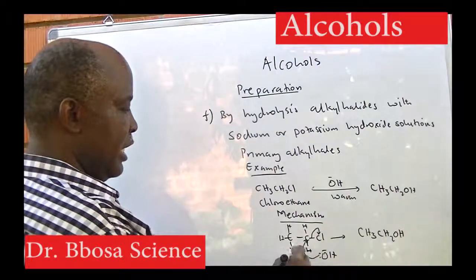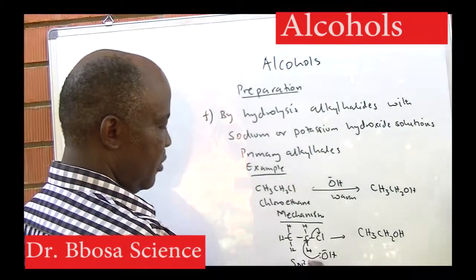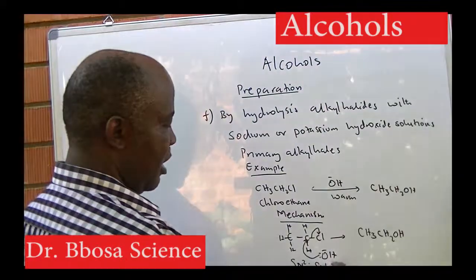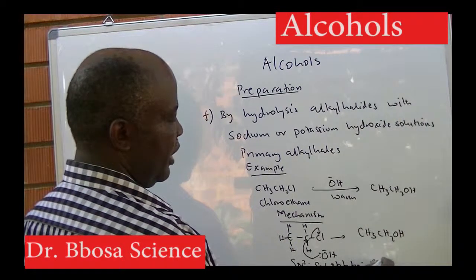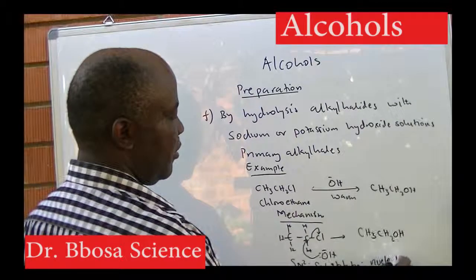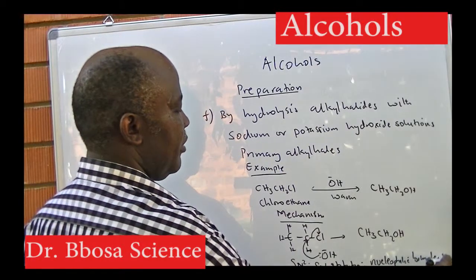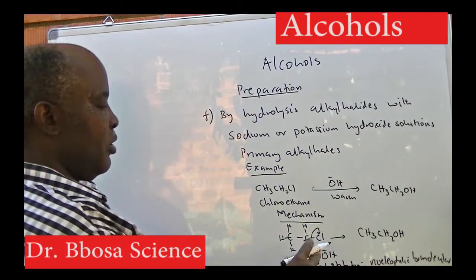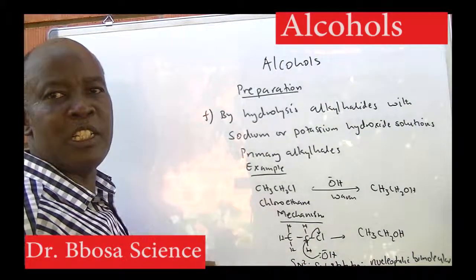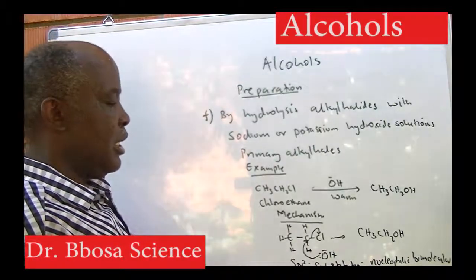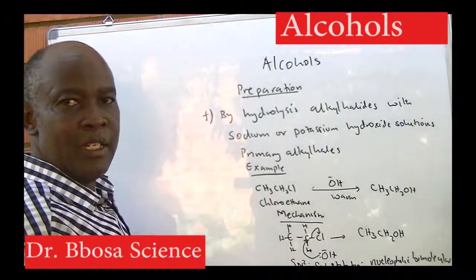The reaction is SN2, substitution nucleophilic bimolecular. The slow step involves two molecules, the hydroxide ion and then the alkyl halide.